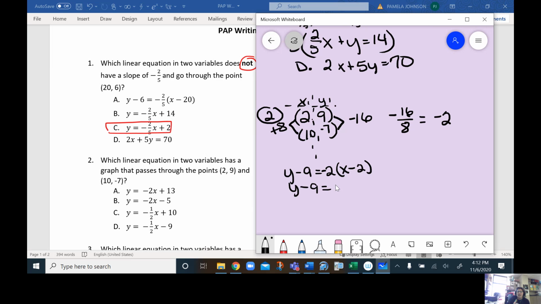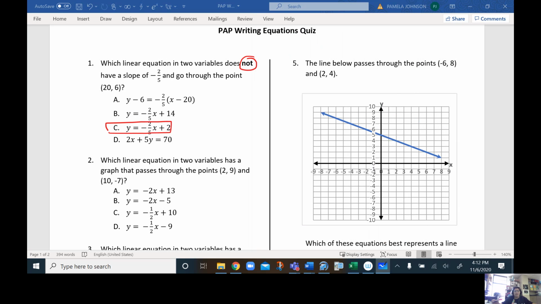When I distribute this -2, I get -2x plus 4. I'm going to add 9 to both sides. Okay. y equals -2x plus 13. This is option A over here on our answer choices.